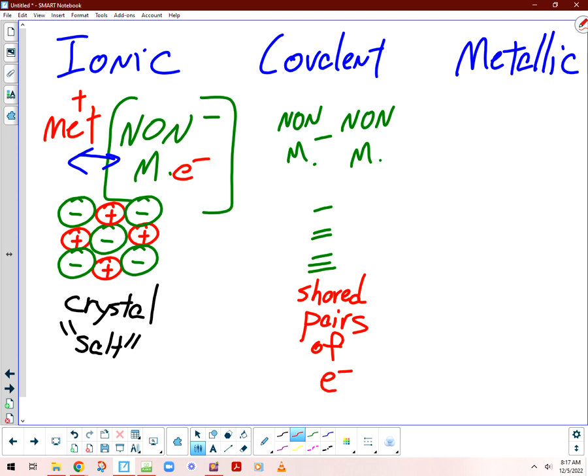And any of those shared pairs are going to be just between the two atoms where those electrons are involved. It's not going to be an omnidirectional thing like we have with the ion. Okay.